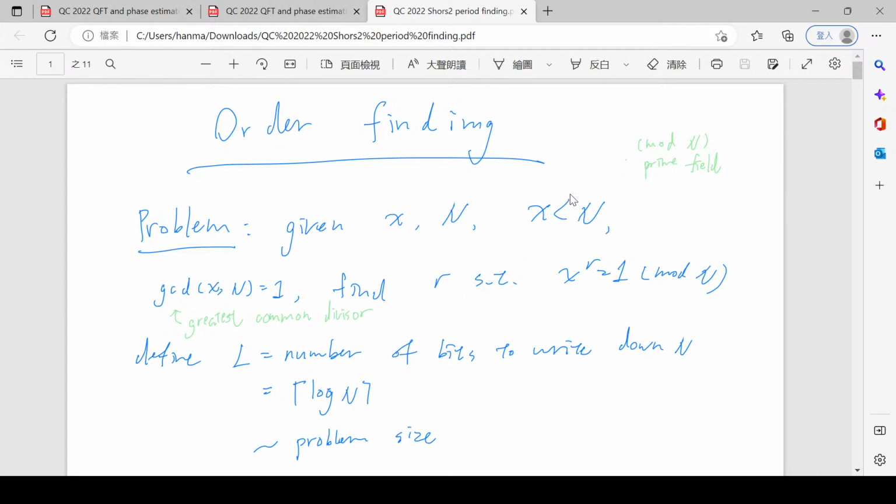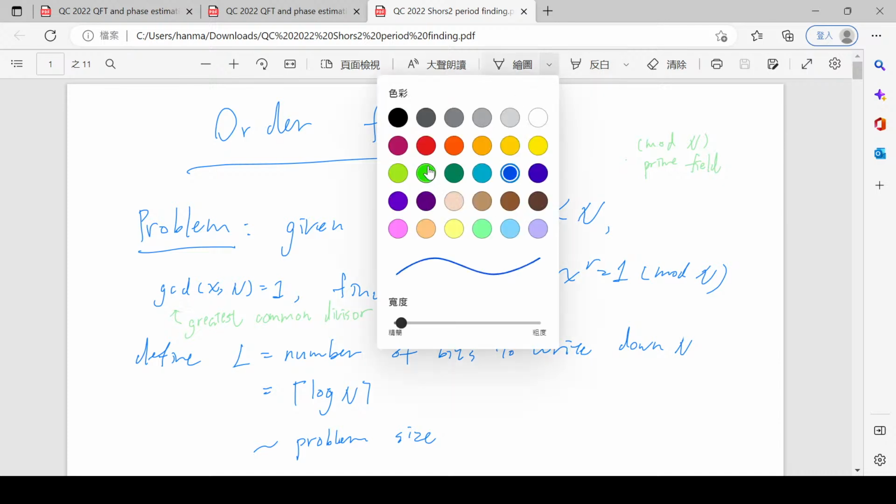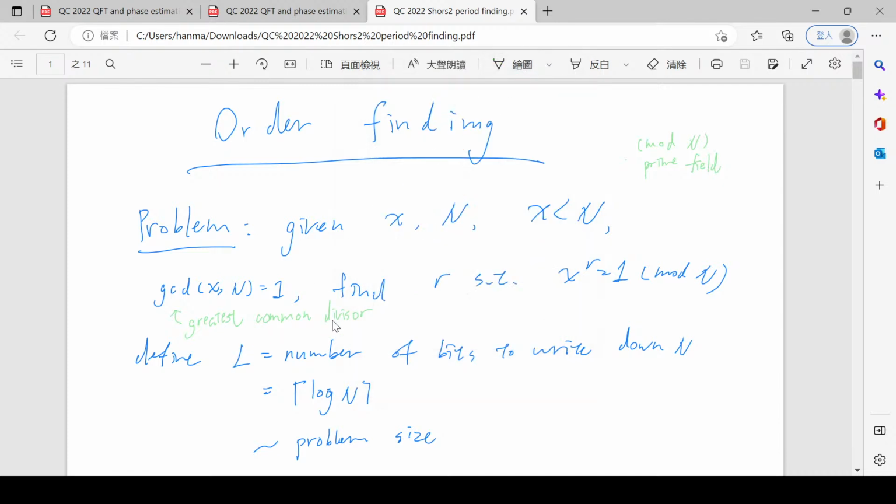But anyway, we have x and n, and x is smaller than n, and x and n are co-prime. Here we have this GCD, which means greatest common divisor, 最大公因数. They are co-prime, so GCD equals 1.